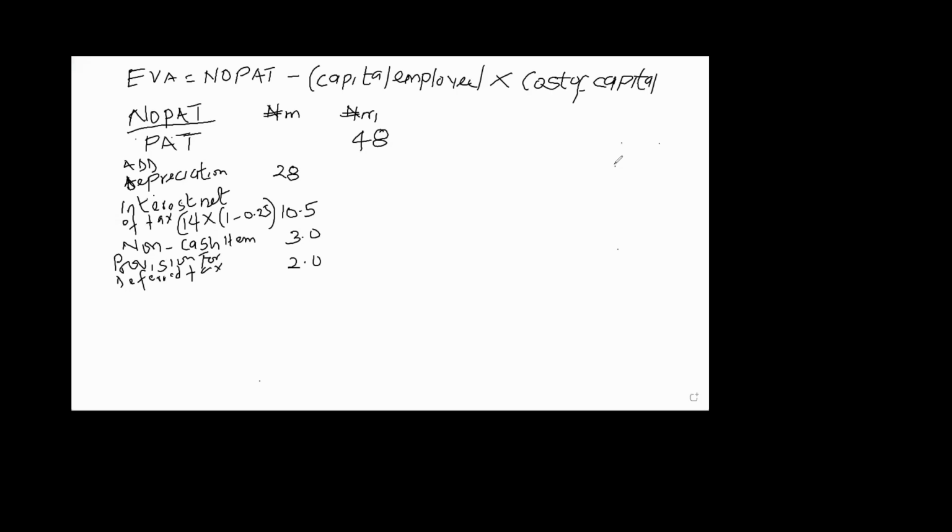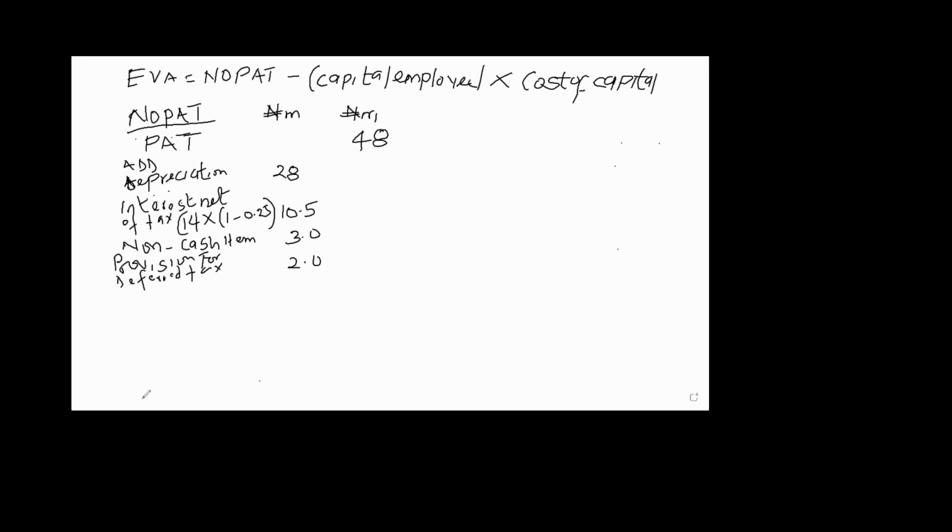This must be added back. Next, provision for doubtful debt of 1.2 million has been included in the operating profit. That means 1.2 million provision has been deducted from the profit of 2020. This provision is an accounting assumption. This must be added back. Is that clear, please?